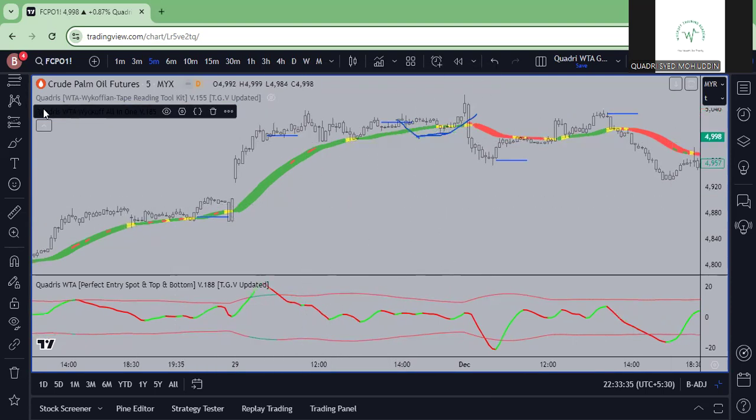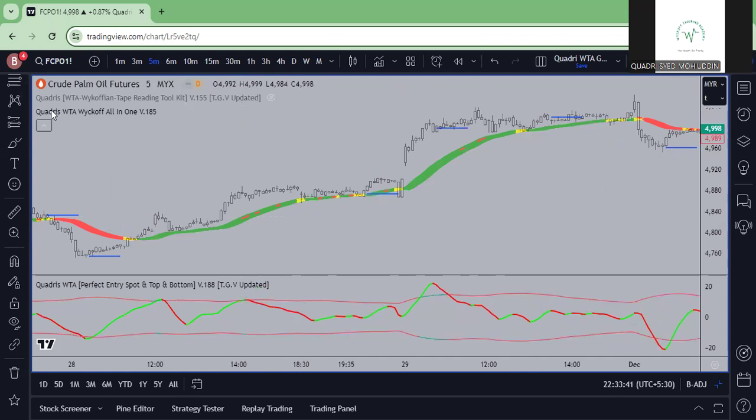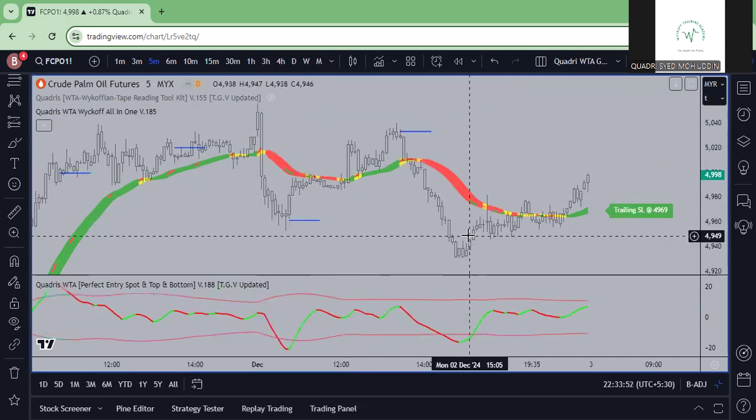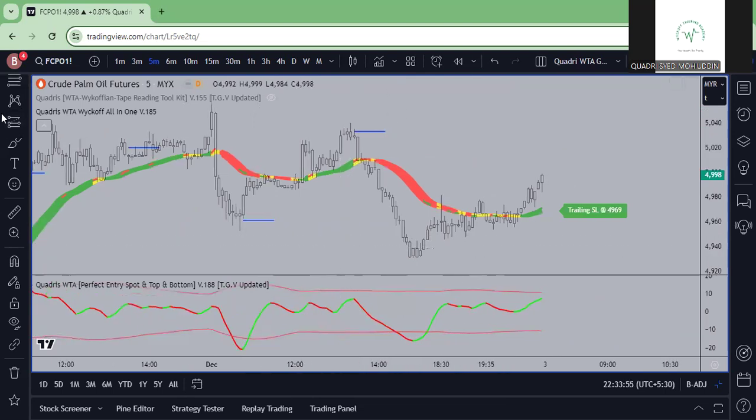Low volume pullback is a price continuation trend kind of thing, wherein in an uptrend we look for low volume pullback and high volume pullback. For example, in this recent price action, this was the high volume area wherein price started from a downtrend, started moving upwards, and then you can see now price is doing this, and it is here. Here also you can see it is an up move.